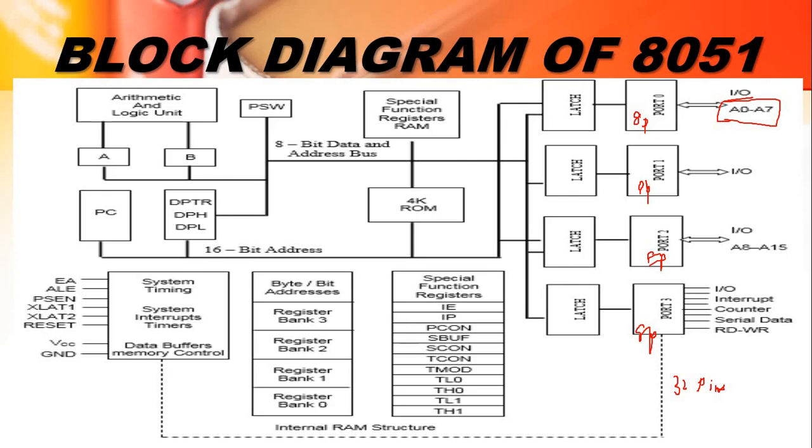In port 1, it will perform IO operation alone; it will not carry any address lines. And port 2 will carry IO pins and also address lines A8 to A15. Port 1 and port 2 will perform the internal connections, and port 0 will perform the external operations also. We can connect it externally.